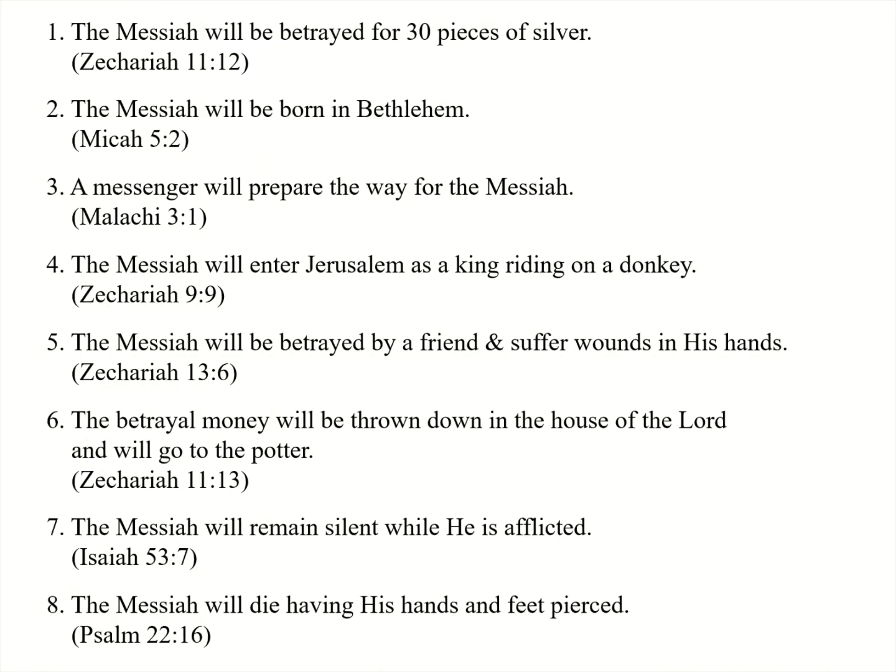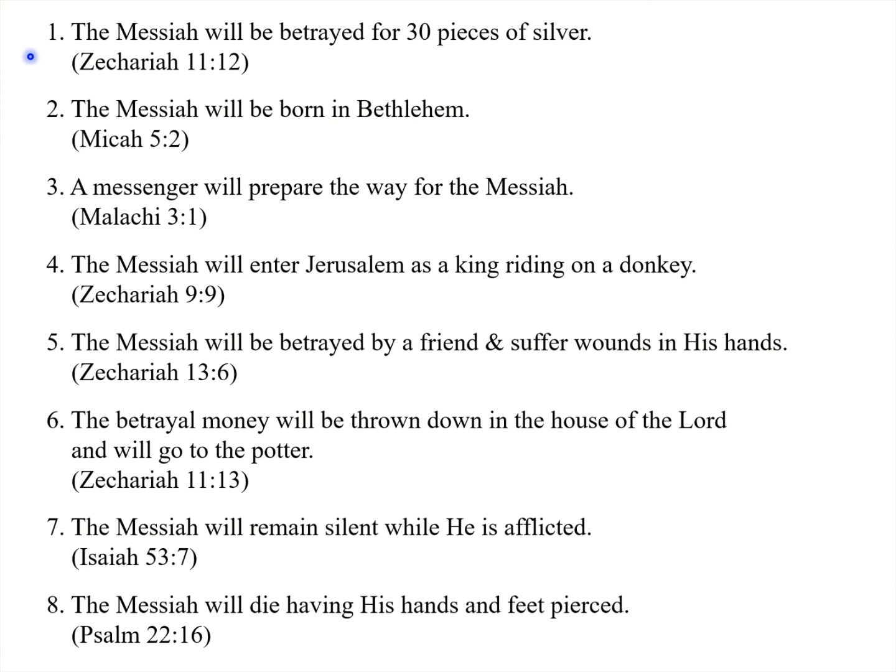There they are. So these are predictions from the Old Testament: Zechariah, Micah, Malachi, Isaiah, Psalms. Those are all Old Testament books, and they had predictions about the Messiah. So there's 8 predictions here.